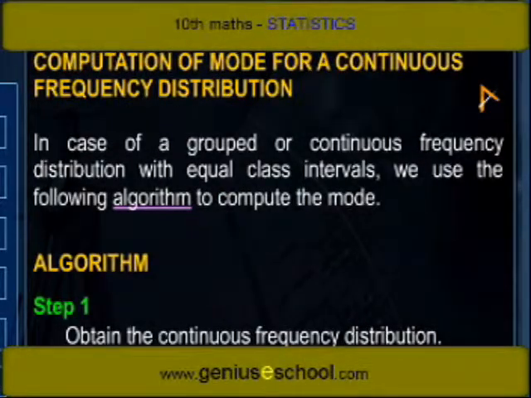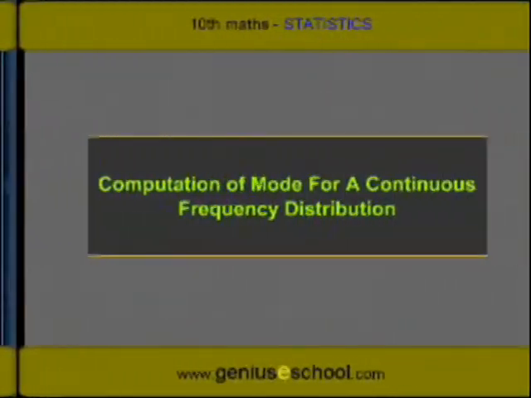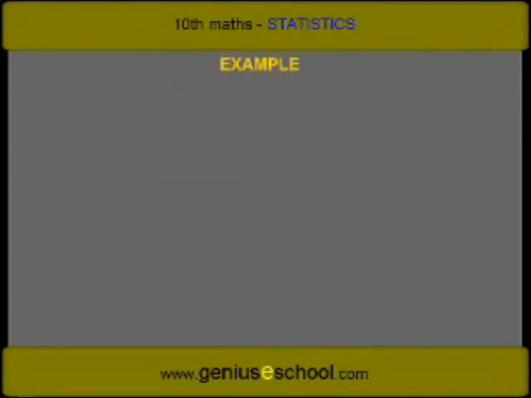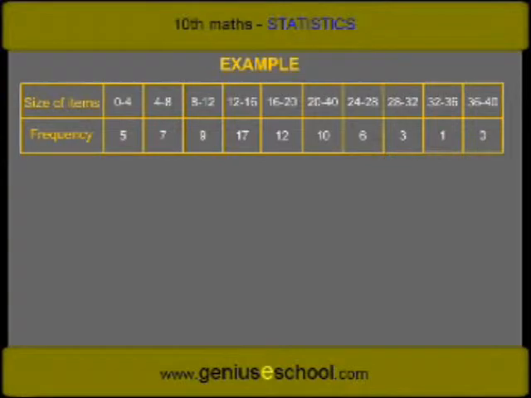Computation of mode for a continuous frequency distribution. Let us take an example. Size of items are 0 to 4, 4 to 8, 8 to 12, 12 to 16, 16 to 20, 20 to 24, 24 to 28, 28 to 32, 32 to 36, and 36 to 40.